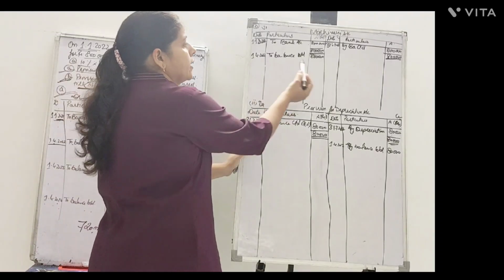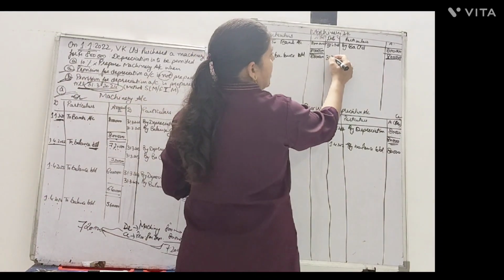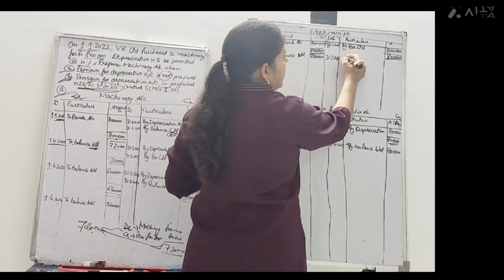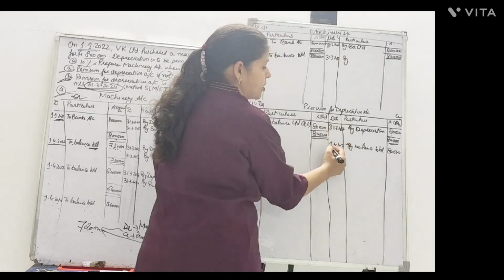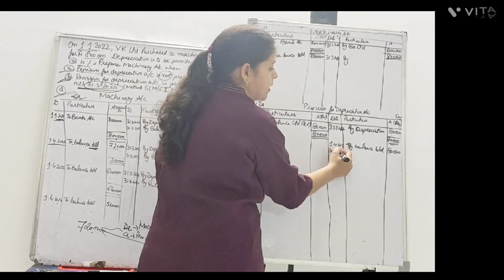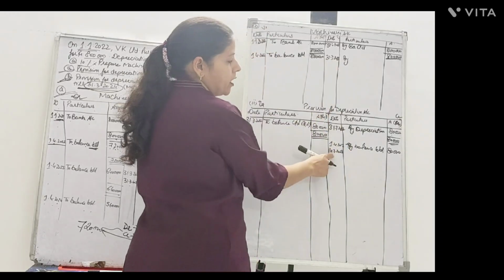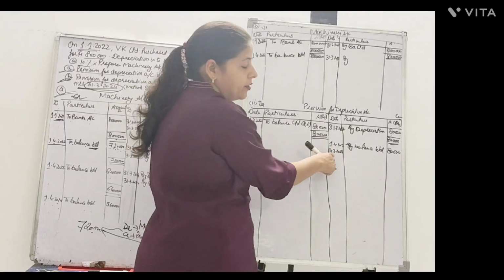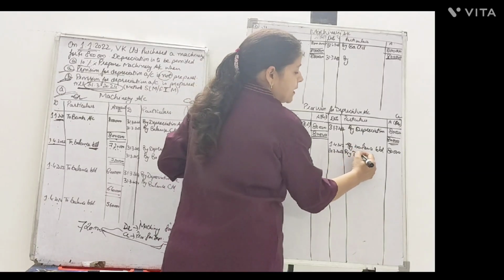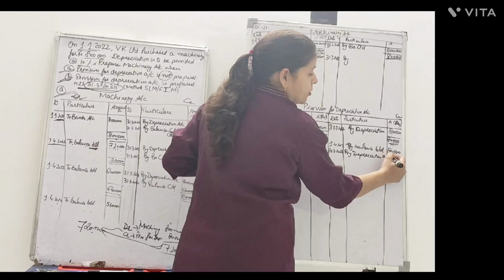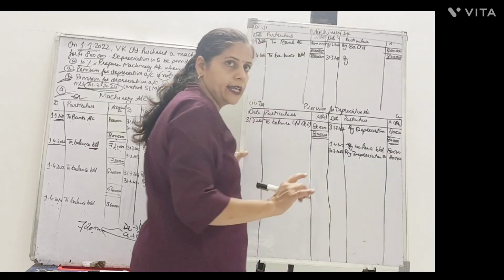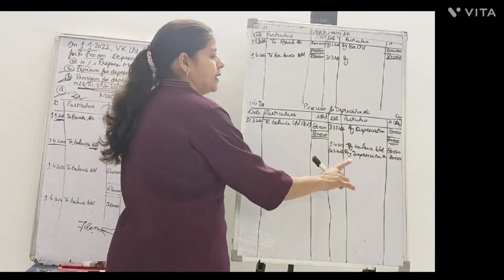So on 31st March 2023, when we charge depreciation, we will not take depreciation here. Depreciation will be taken to another account: 31st March 2023, by depreciation account. Here also I fixed the depreciation at rupees 80,000. Already calculated, it was rupees 80,000.